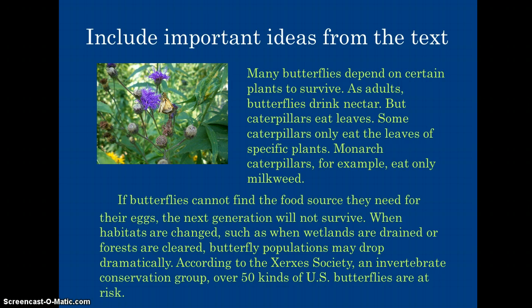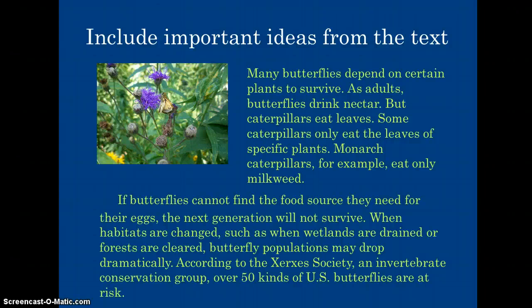Two paragraphs here. Many butterflies depend on certain plants to survive. As adults, butterflies drink nectar, but caterpillars eat leaves. Some caterpillars only eat the leaves of specific plants. Monarch caterpillars, for example, eat only milkweed. If butterflies cannot find the food source they need for their eggs, the next generation will not survive.